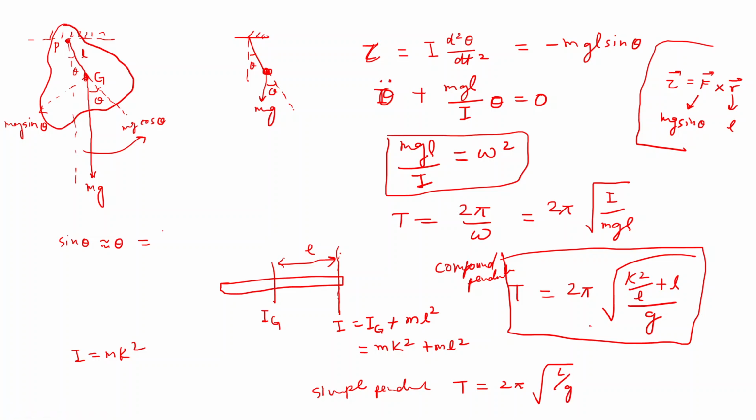If we compare these two expressions, what they tell is that for the compound pendulum, the effective length is actually small l plus square of radius of gyration divided by small l, where small l is the distance from the point of suspension to the center of gravity or center of mass of the body.